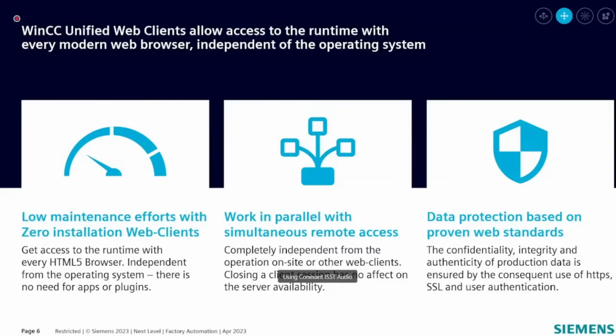So from that point of view also, it's very low maintenance, and in parallel you can work. Even if one client fails, there is no impact on the server side. And it's a purely secured SCADA. It supports SSL encryption, user authentication, and HTTPS access as well for the client accessing on the browser side.